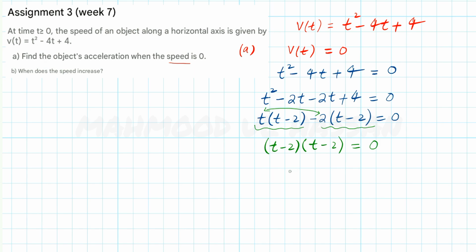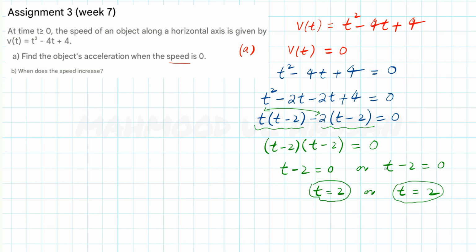So that becomes t minus 2 equals 0 or t minus 2 equals 0. We got two same values, so the roots are the same, or you can say repeating. It means that the velocity is 0 when time is 2.